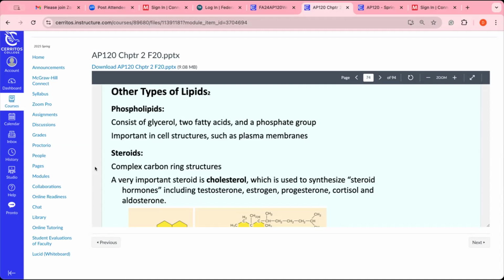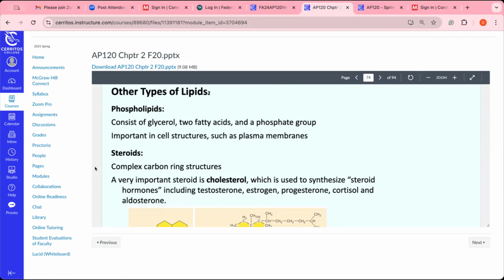A very important steroid is cholesterol, which is used to synthesize steroid hormones, including testosterone, estrogen, progesterone, cortisol, and aldosterone.